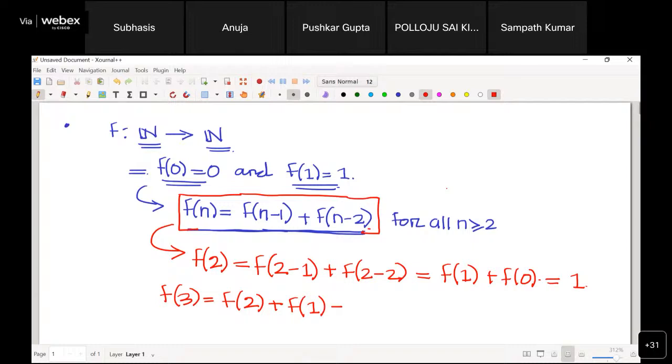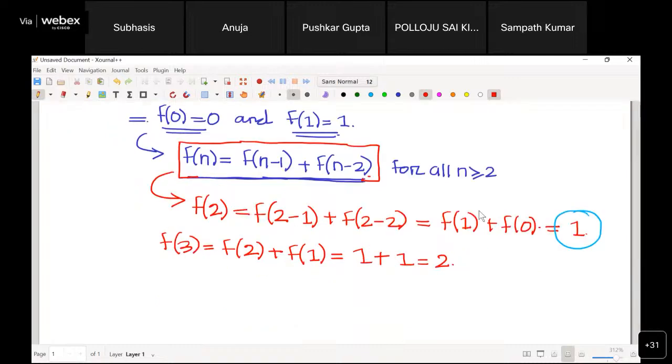From the last calculation, I know the value of f of 2, which is 1. So instead of f of 2, I can write 1 plus f of 1, which is 1, giving 2. Now, is it clear how you should proceed to solve this question? Yes, sir. So try to solve the question. If you still have any doubt, you can ask me.